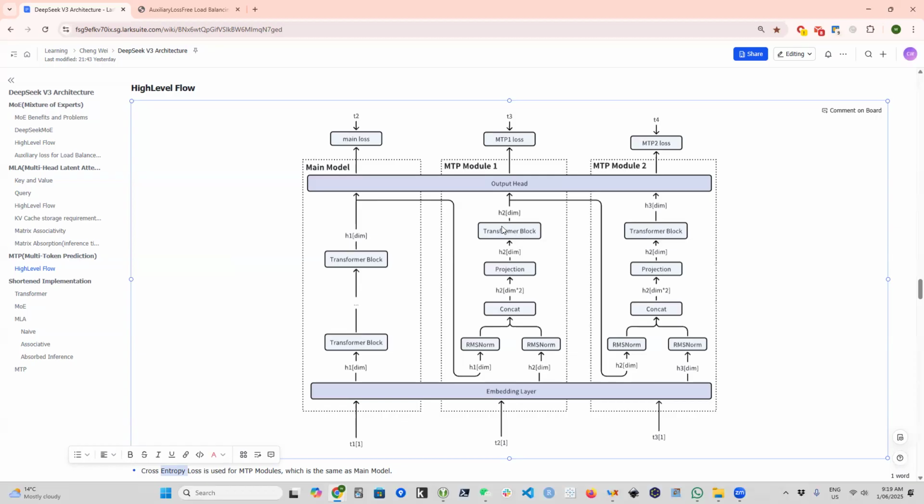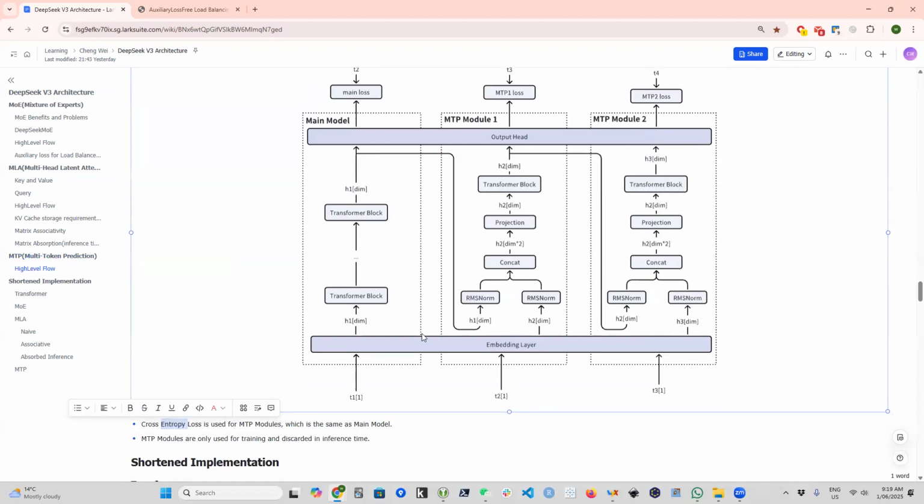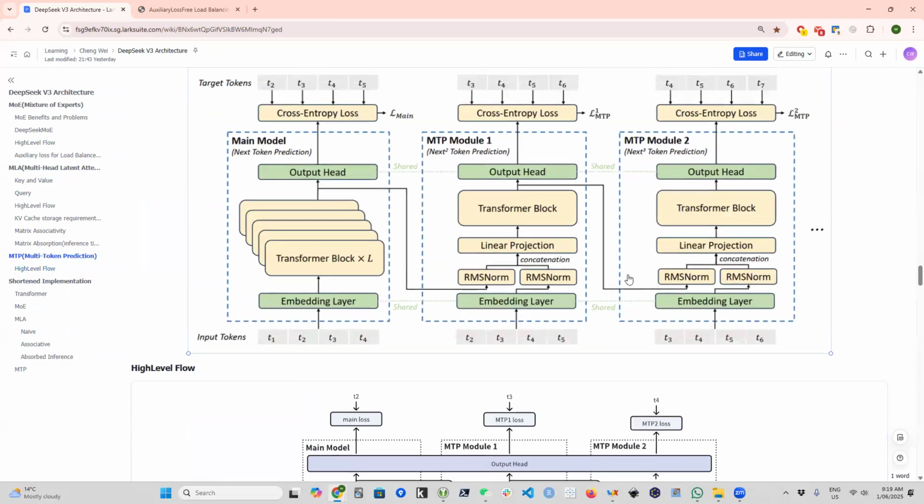Then we go through the transformer block, and we go out as normal. For the third token prediction, we do something similar, the same thing. So this is a single token version, but in a transformer we do it in parallel.